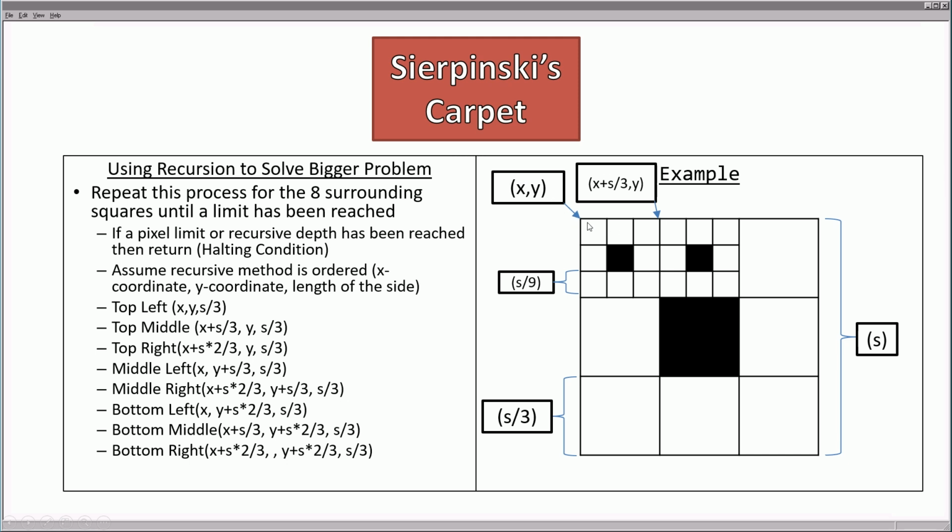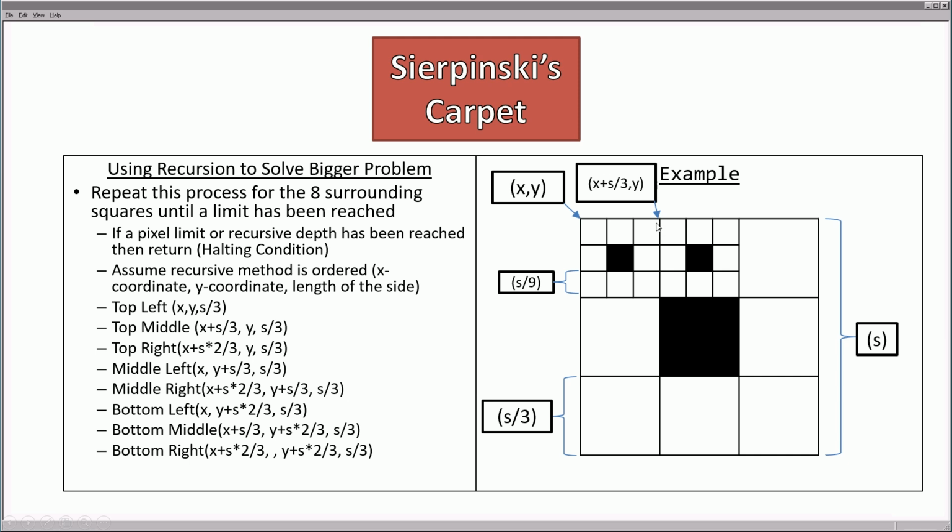We translate this over by 1/3 of the side. This indicates that this region starts at the x position plus 1/3 of this side. The y doesn't change. This y is the same coordinate as this y right here.